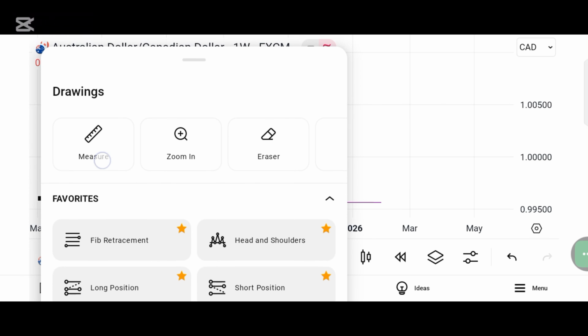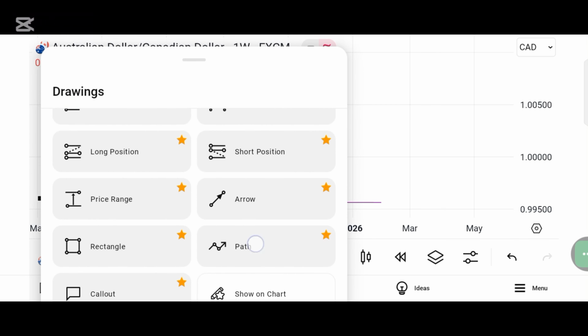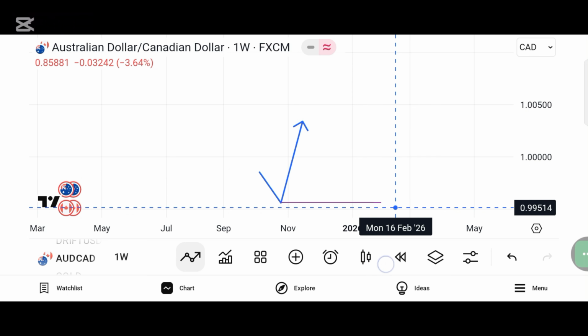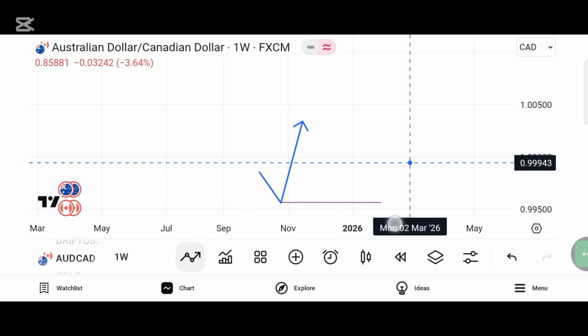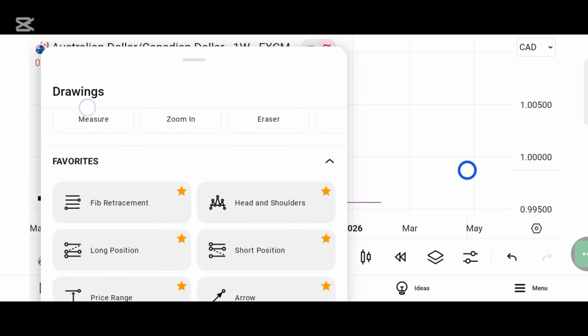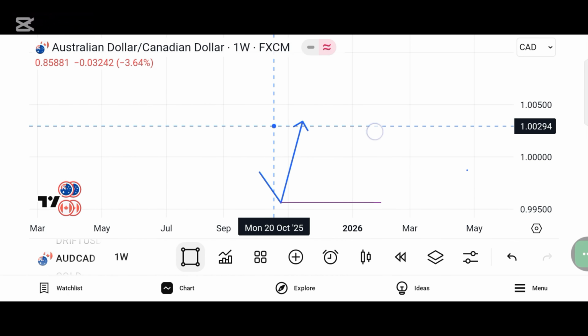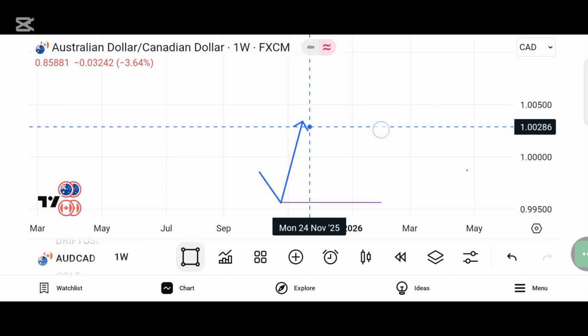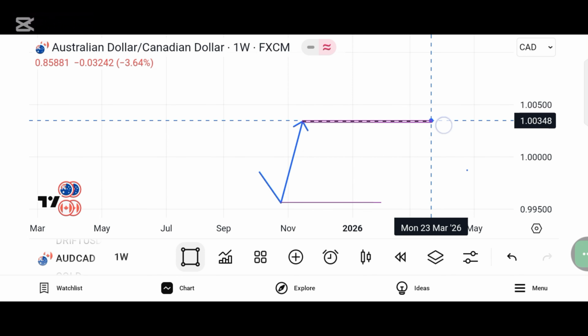So let's just say this is our range here, from 1 to 10. That's a range in price. A low and a high is actually a range in price.